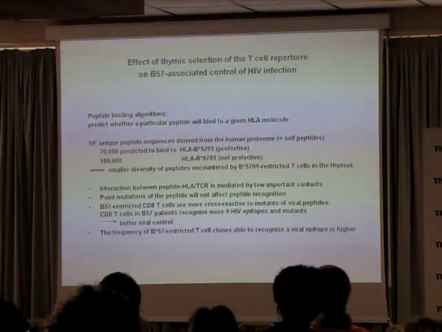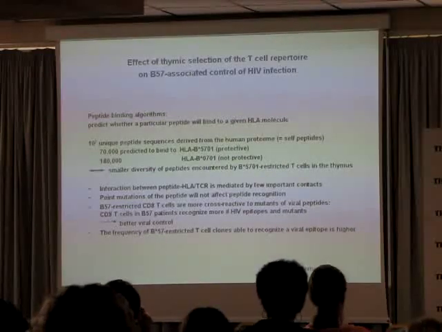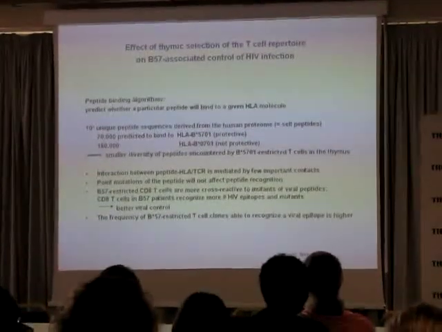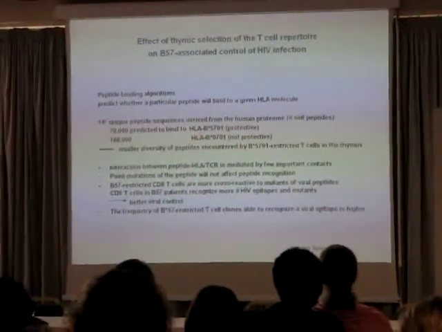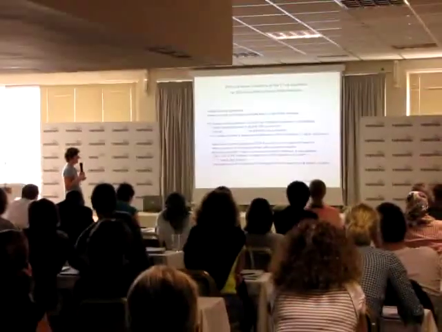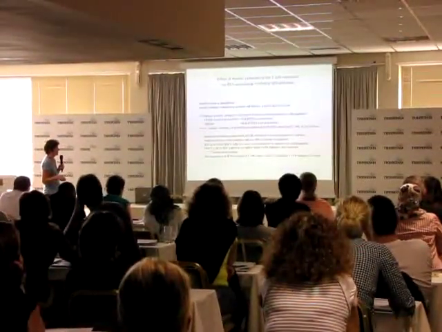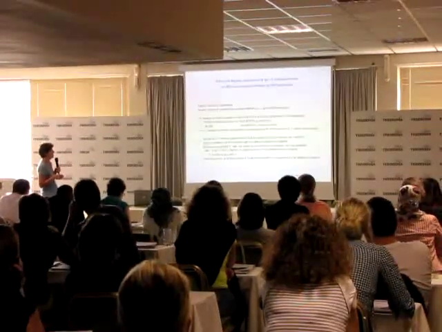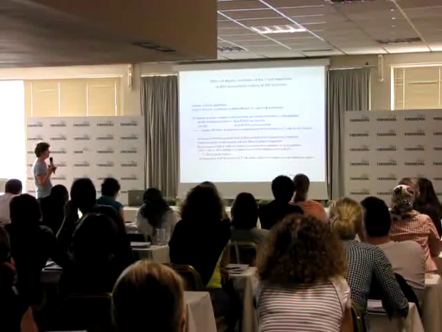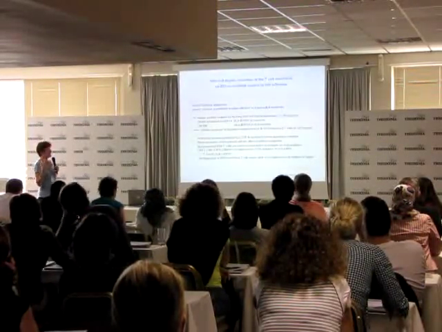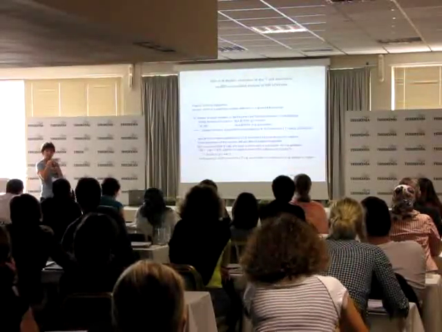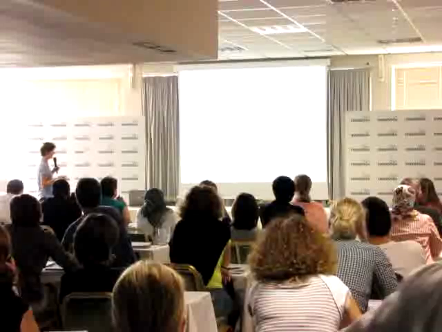And I would like to show you some data of a recent study which showed the mechanism of the B57 associated control of HIV infection. This is from the Australian group, where they used algorithms that predict for a given peptide, a given allele, which kind of peptides can be bound to this allele.